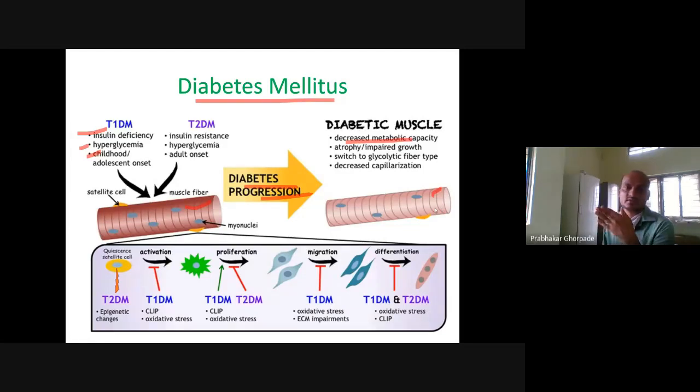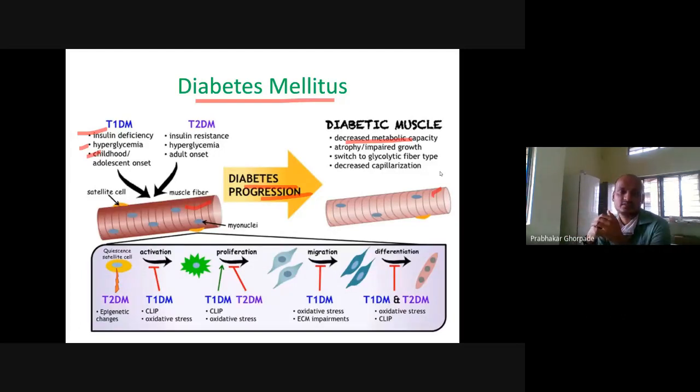So what happens in diabetes mellitus is that you can have lowered blood supply because of decreased capillarization. You can have a switch of your pathway to the glycolytic pathway. Usually there is the oxidative pathway, but it suffers, then decreased capillarization, atrophy, and decreased metabolic capacity.